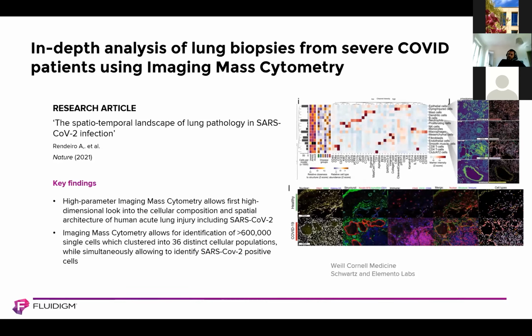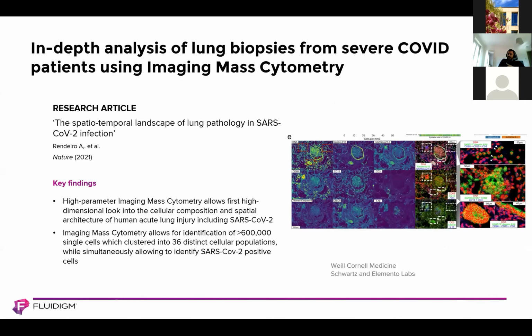But something which was interesting, and I think Fadi was also referring to this beforehand, is that they were also capable of really, for the first time, understanding which cell types are actually being infected by SARS-CoV-2. In this case, by taking an antibody which reacts in immunohistochemistry to the spike protein of SARS-CoV-2, they were capable of tagging this antibody with one of our labeling kits.